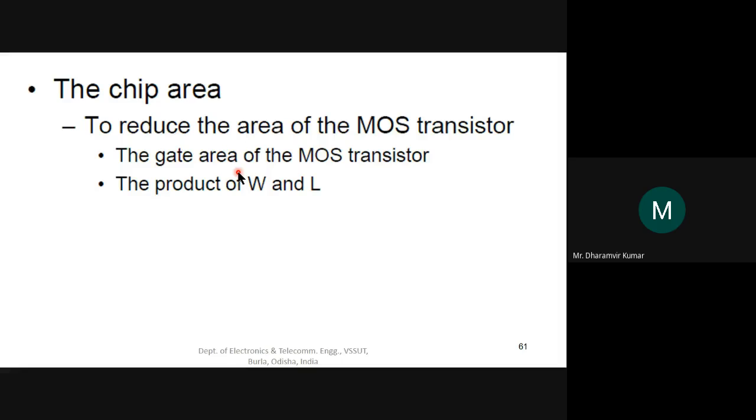Generally it is taken as the area of the gate, looking from the top side. We have a gate, and beneath the gate we have a channel. The channel is of length L and width W, so the area becomes W into L. This is taken as a reference parameter in terms of area to compare any two devices, any two circuits.